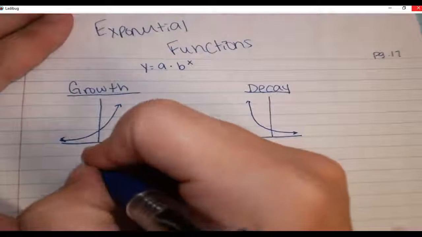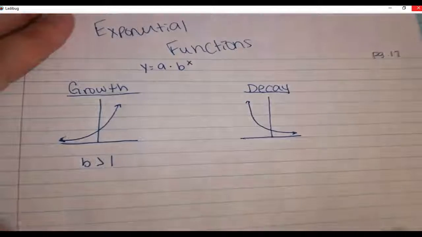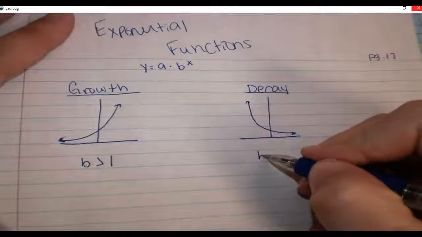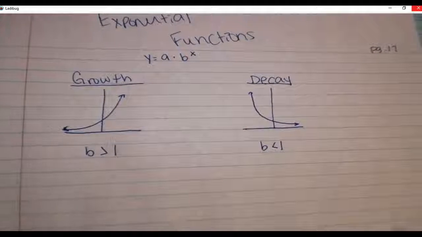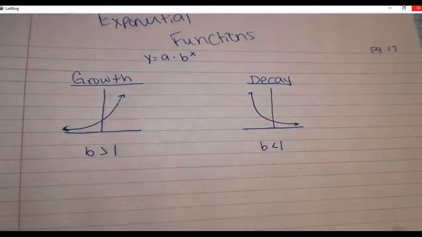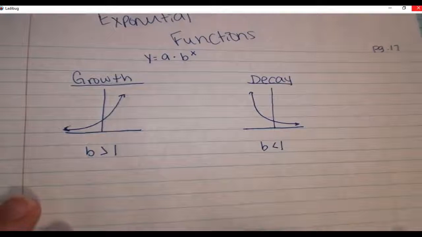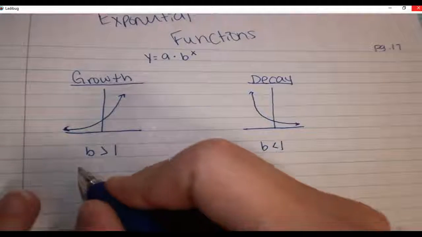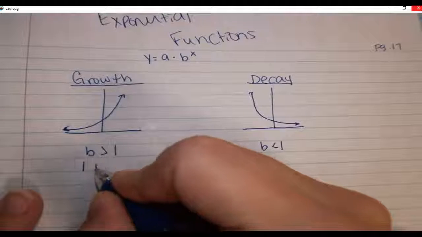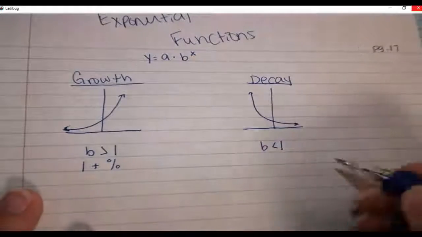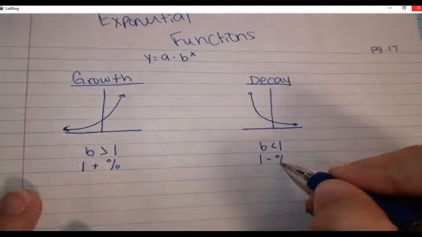So it's growth if b is greater than 1, and it's decay if b is less than 1. And less than 1 as in a fraction or decimal, not a negative. That's something different. And then for growth, if you're talking about a rate, which we'll talk more about tomorrow, then the growth is 1 plus the percentage, and decay is 1 minus the percentage.